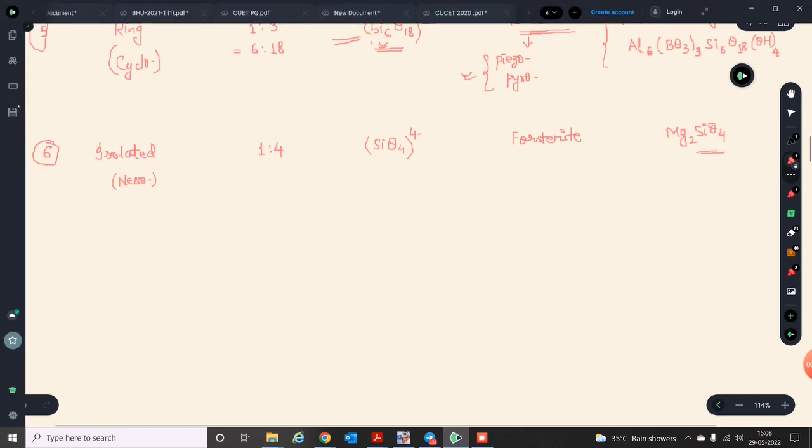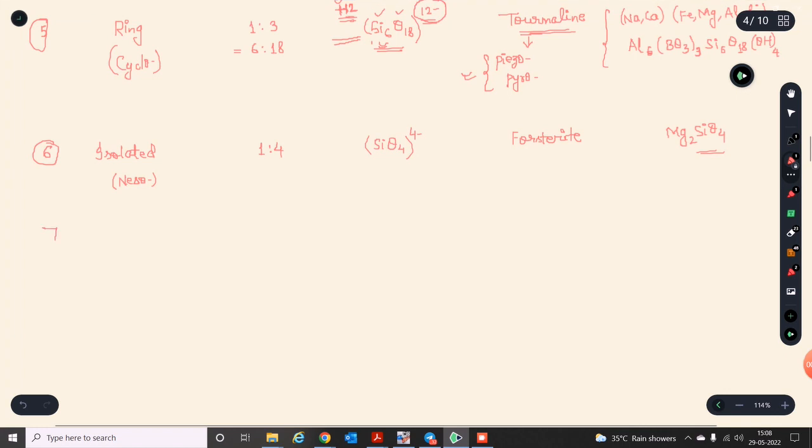Then we have the last common one, that is paired tetrahedra, paired tetrahedral silicates, also known as sorosilicates. It has a 2:7 Si:O ratio, and its radical is Si2O7 6 minus. Again, many examples are there.